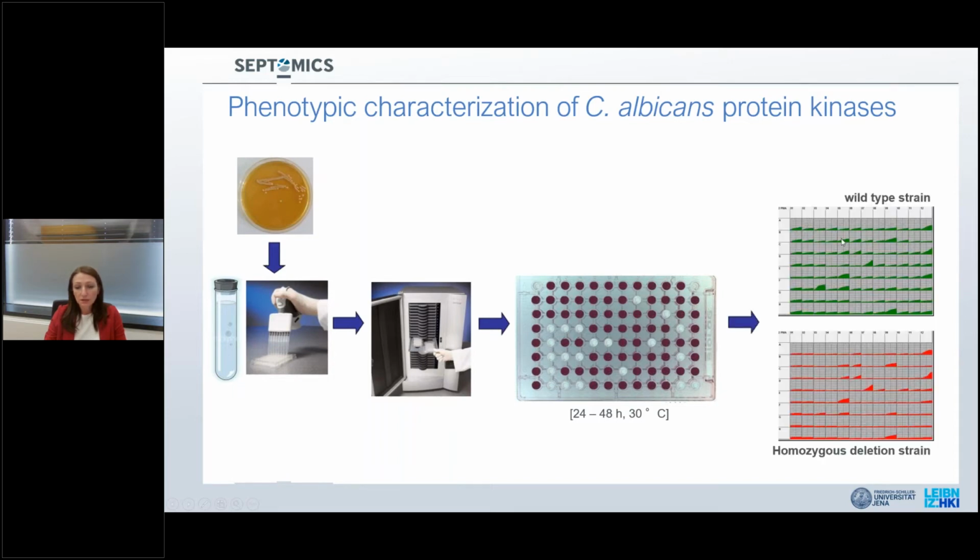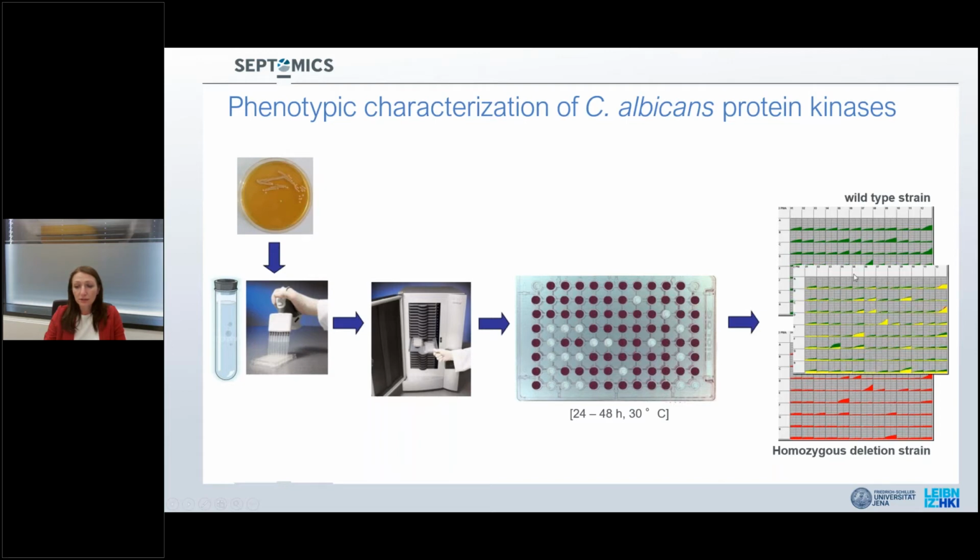Here is a classical example of how the data is presented by the Omnilog device or using the available software. We can immediately see the growth curves of, for example, the wild type and the homozygous deletion strain of the kinase of interest, and right away compare the growth characteristics of both strains.